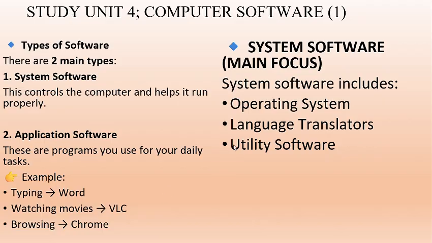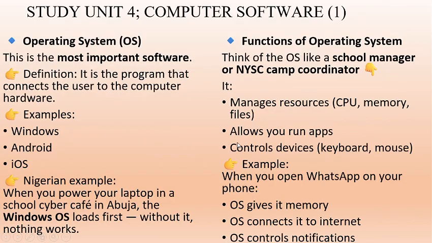So let's look at the operating system, which is the first type of system software. Operating system, also known as OS. This is the most important system software.